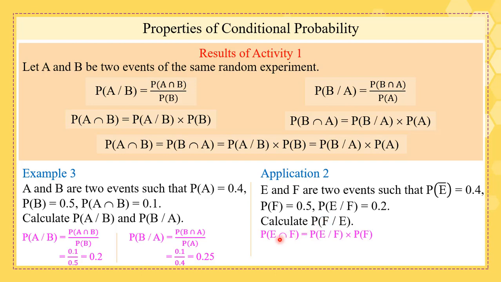If we want to find P of E intersection F, it will be P of E given F times P of F. I know E given F and I know F, so this would be 0.1. Now, if I want to use this, what is P of F given E? It's F intersection E over E. I know F intersection E, which is 0.1. And I know that P of E is 1 minus P of E bar, which is 0.6. So this would be 1 over 6.